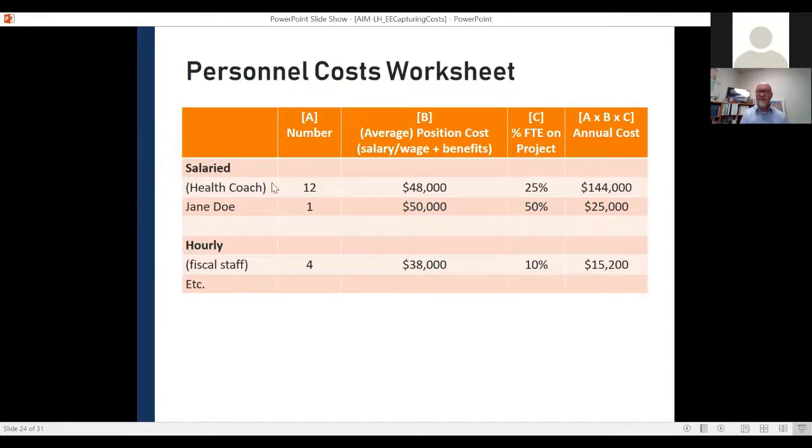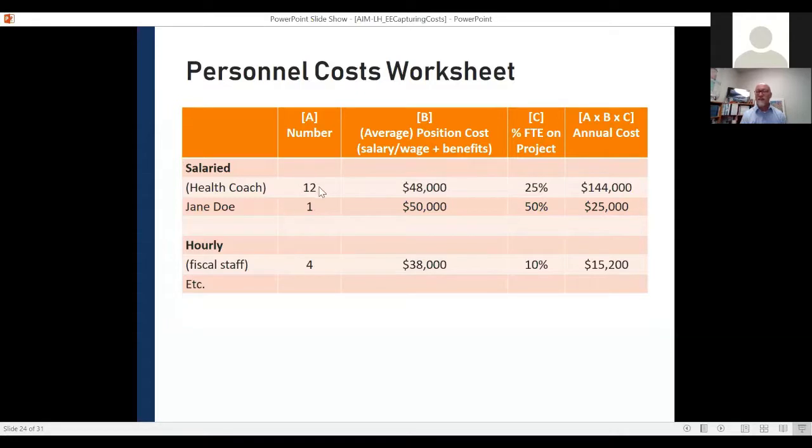So the first example here is, say we use health coaches that are throughout our community, and we have an average salary for those coaches at $48,000. And the average allows you, maybe some are paid $40,000 and some are paid $56,000, but on average, we're just going to use that and call it close enough.